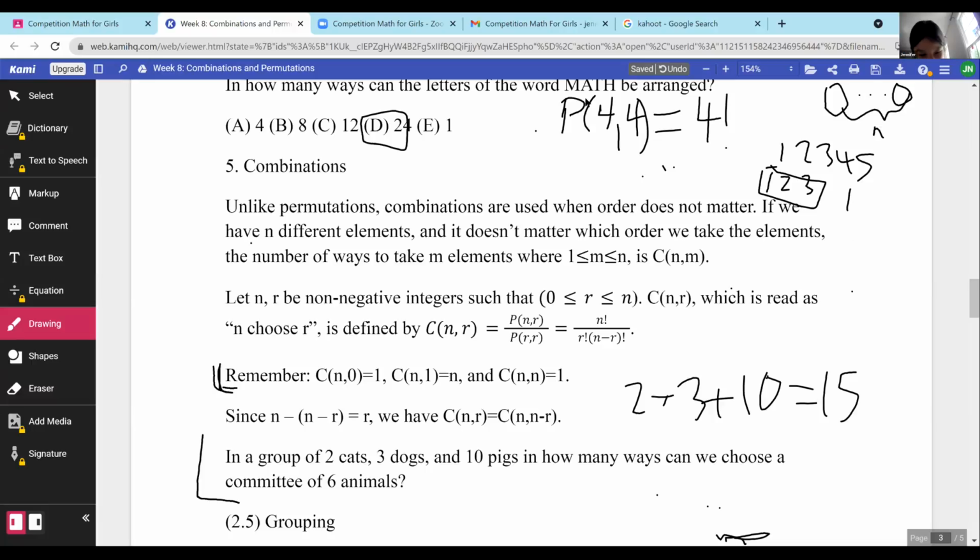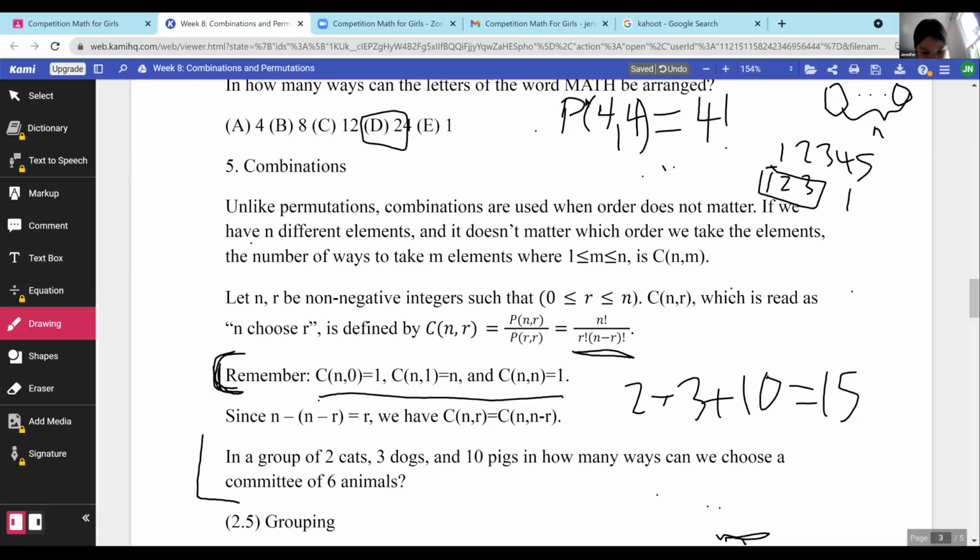Good. So as I just said, remember, these are common combinations. n choose 0 is 1, n choose 1 is n, n choose n is 1. These you could think are kind of obvious, but you could also plug them into this equation and it'll always give those values.